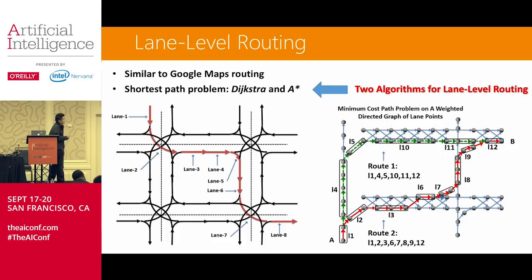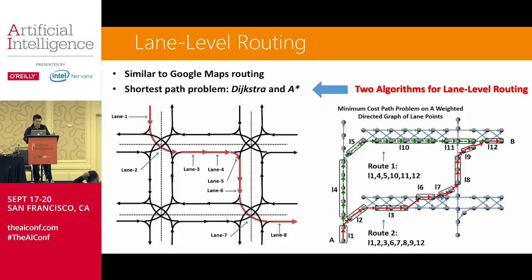Routing. Routing is quite different from what we have today, because what we have today is road level routing, whereas what we have here for autonomous driving is lane level routing. But it's a similar algorithm, Dijkstra's and A star. What we do is break the road into many lanelets, or small segments of lanes.